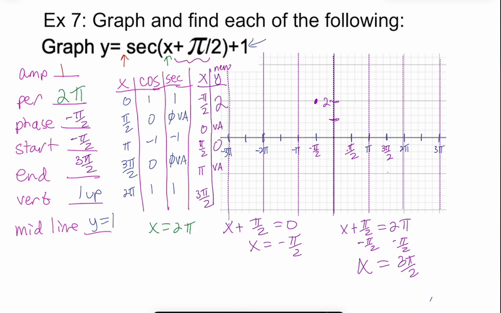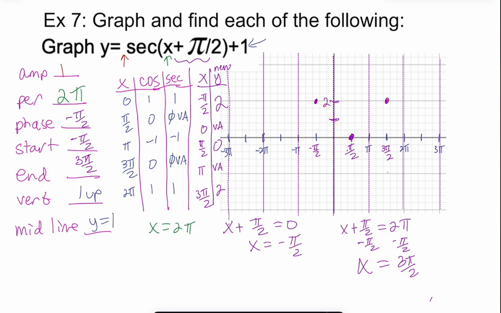So at negative pi over 2, we are at 0. And at 3 pi over 2, our old secant value was 1. These two should always match. So that's going to be 1 plus 1, or 2. So our cosine is here. Like that. Oh, no, I'm sorry. Our cosine is here.